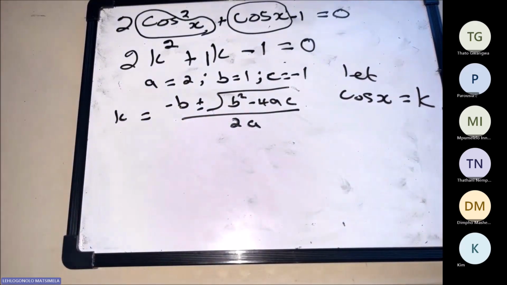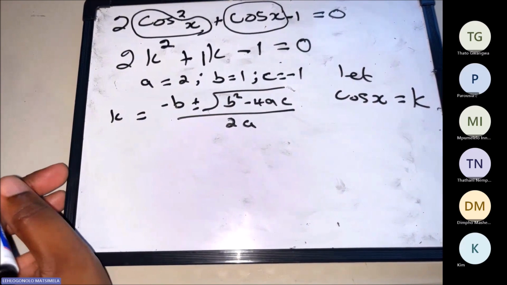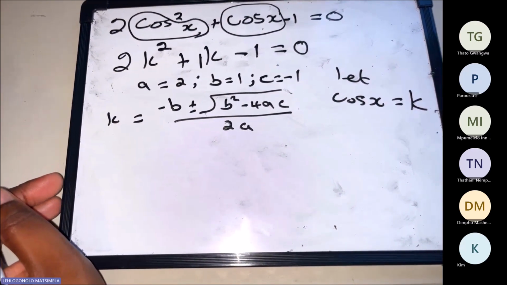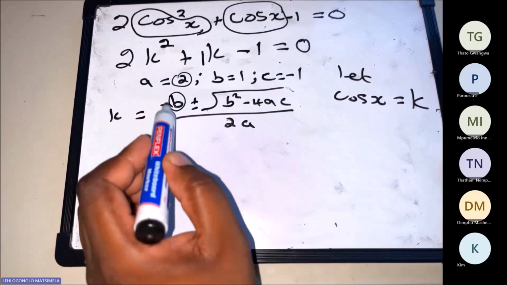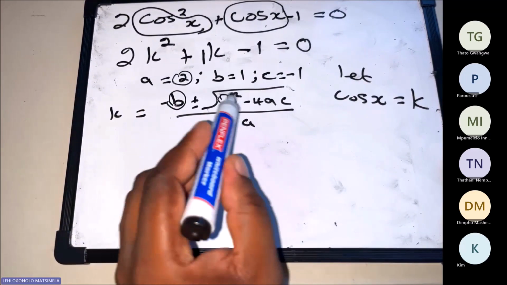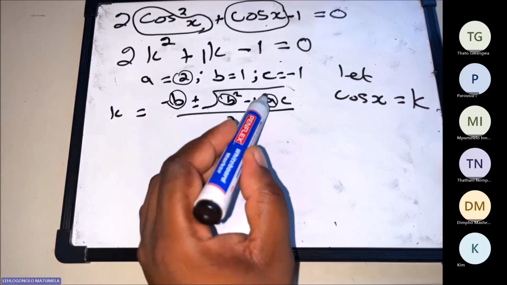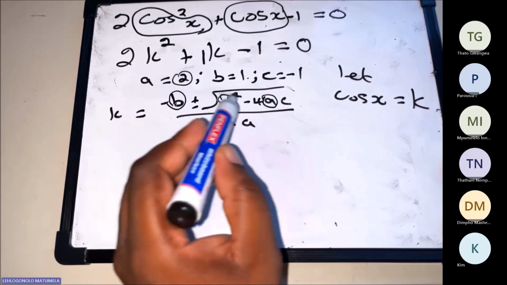If you know this formula, it is also there at the back of your formula sheet. Here you substitute 2, here you substitute 1, because it's B.